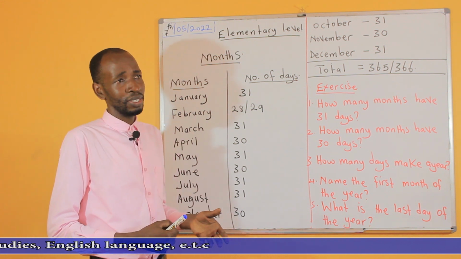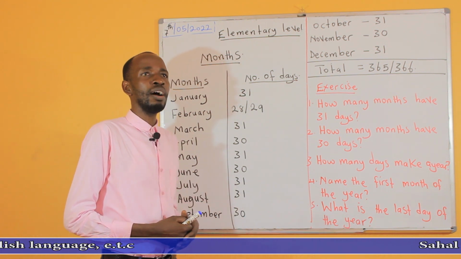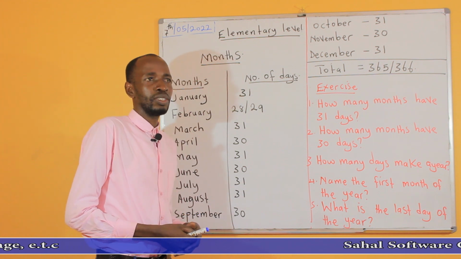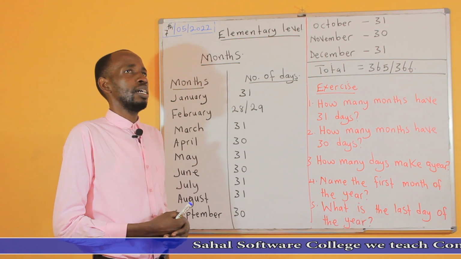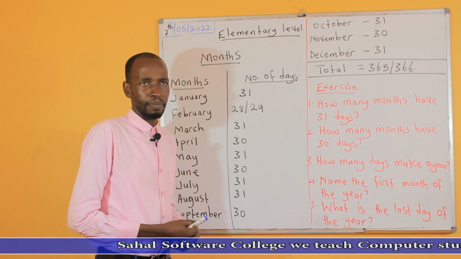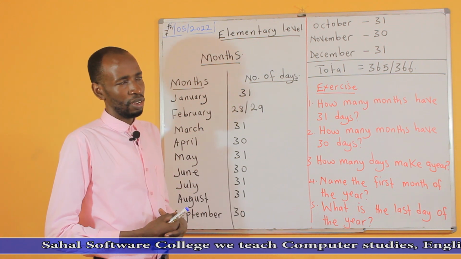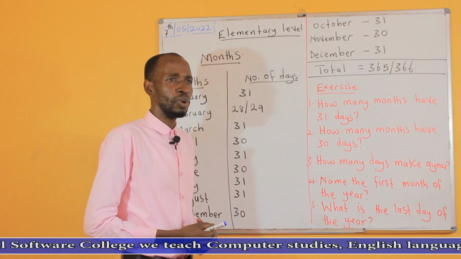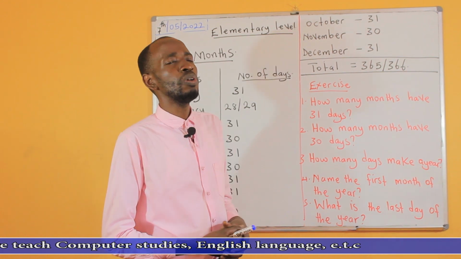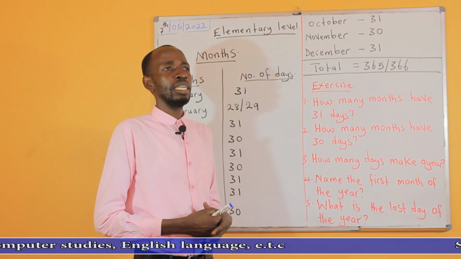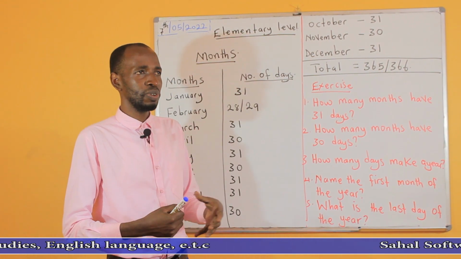So I can ask you, which month do we have Christmas holidays? So don't forget that we have Christmas days in December. As Muslims, our brothers also have holidays in April because of Ramadan. So we always have Ramadan in April also. Don't forget that.